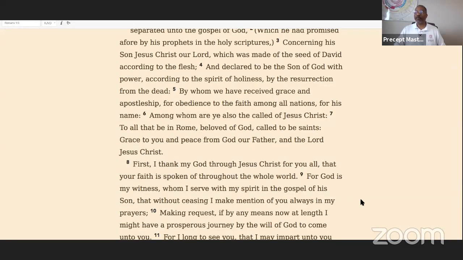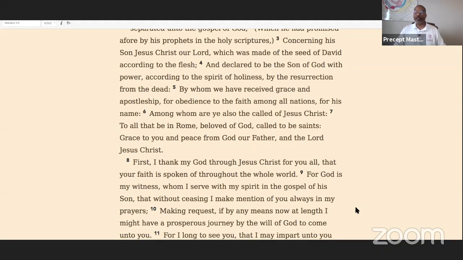But watch this. First thing he wants to do, I thank my God. Now, we just found out what God was. It's a shepherd. So first, I thank my shepherd. It's clear as day. Yahweh shall tell you he's the good shepherd.